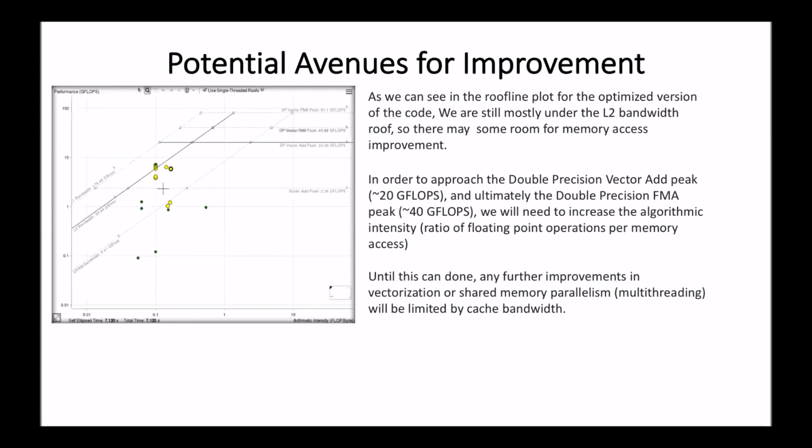So if we want to reach optimal speed up here, we will have to increase the arithmetic intensity, and one way to do it would be by reducing the number of memory accesses per floating point operation.